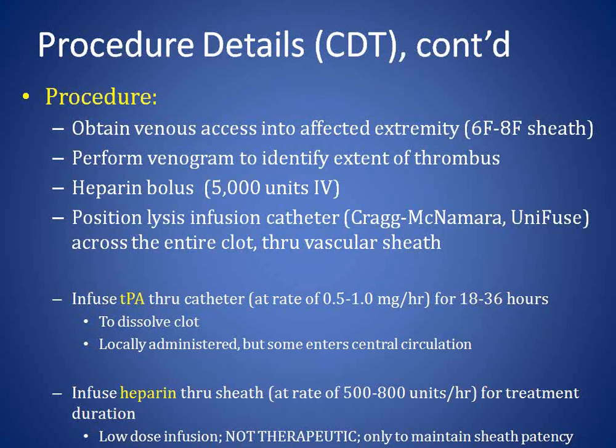You infuse heparin through the sheath at a low rate, 500 units an hour is what I typically do, for the same time that you're treating the patient. It's a low-dose infusion. It's not therapeutic. You don't need to measure the PTT. The only purpose is to keep the sheath open, so that you're trying to dissolve the clot, not form new clot.